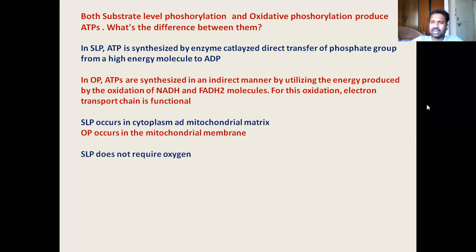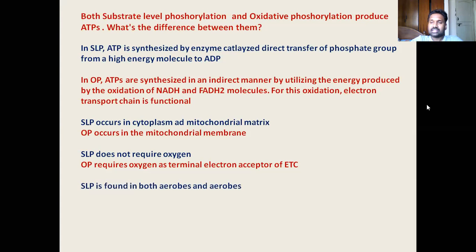And very big difference, very important difference. The SLP doesn't require oxygen, whereas OP requires oxygen. And what is the role of oxygen in this whole process? It's the terminal electron acceptor of the ETC. Since the SLP does not require oxygen, it is universal in nature.